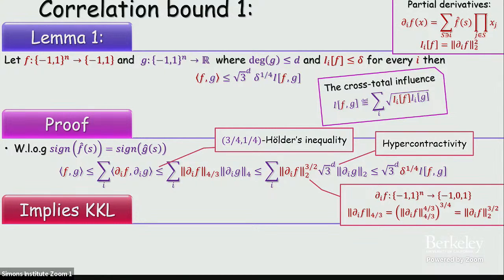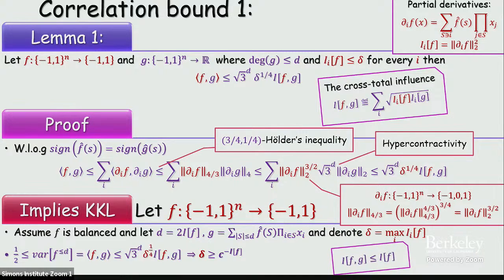So let's assume that f is balanced, and we choose d to be twice the total influence, or we think about epsilon half. Then take g to be the lower degree part of f, all the characters of degree at most d.